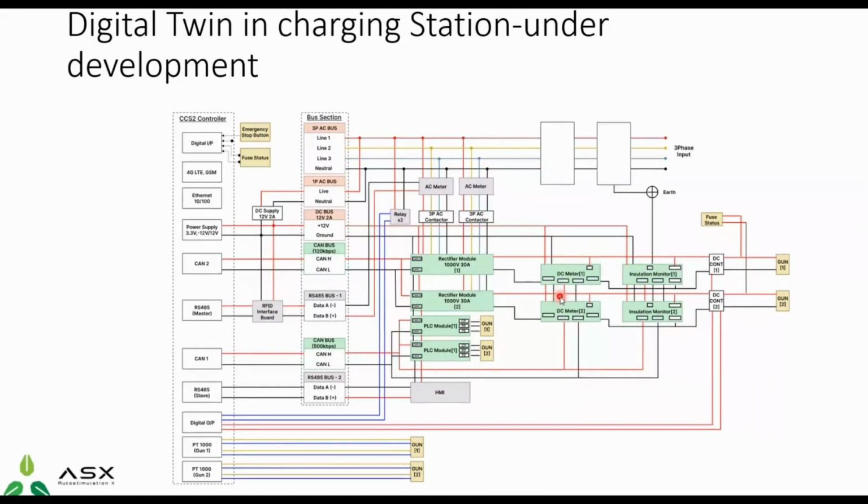It may be in the DC meter, it may be in the CAN bus, it may be in the CCS2 controller. So where the communication is stopping. So we are introducing this new technology in the charging system as a digital twin, where you can analyze all the communications in one circuit diagram.